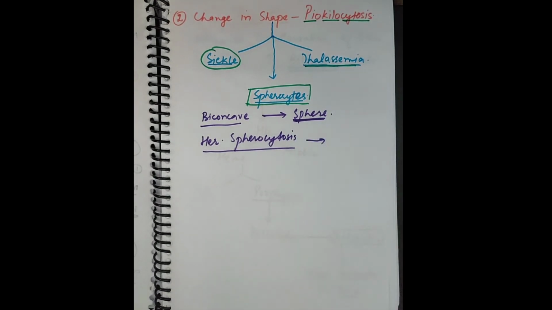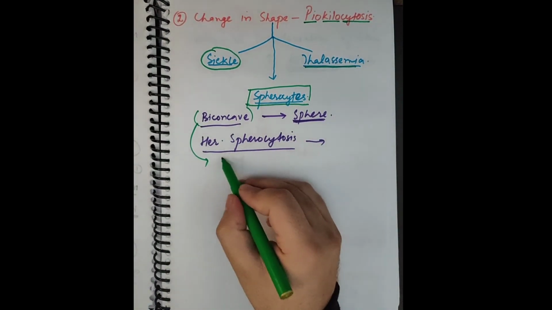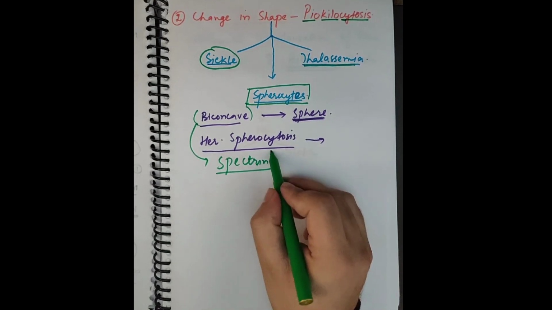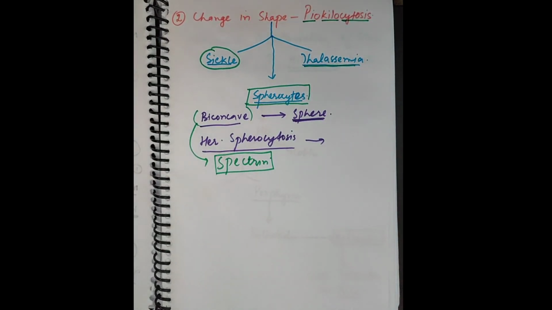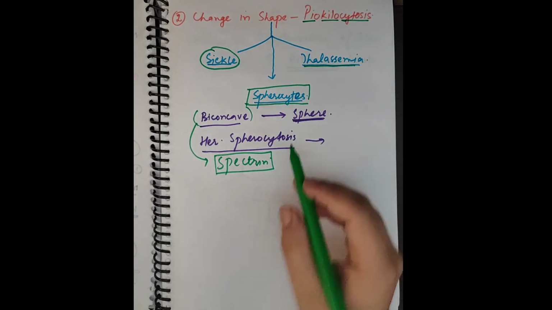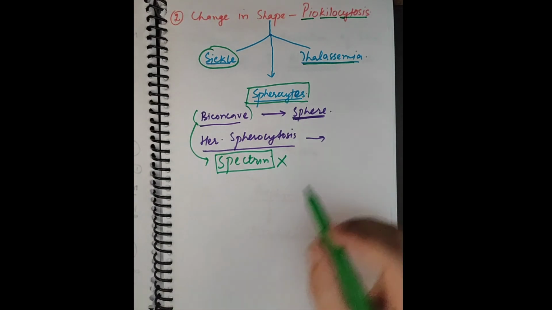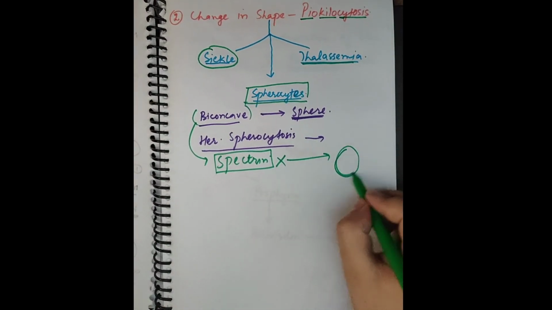What happens in hereditary spherocytosis? I told you, for maintenance of the normal biconcave shape, we require a protein called spectrin. This spectrin protein is very important. In hereditary spherocytosis, this spectrin protein is absent, and the biconcave shape changes to a sphere.